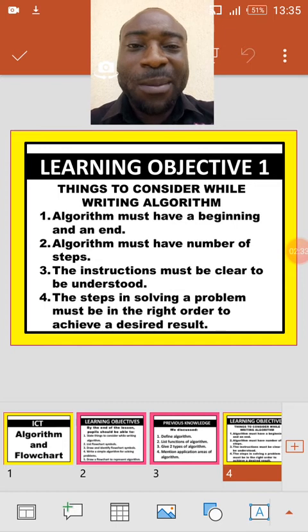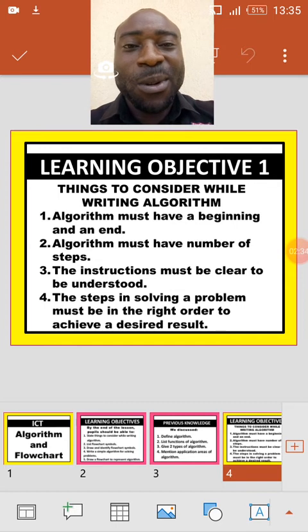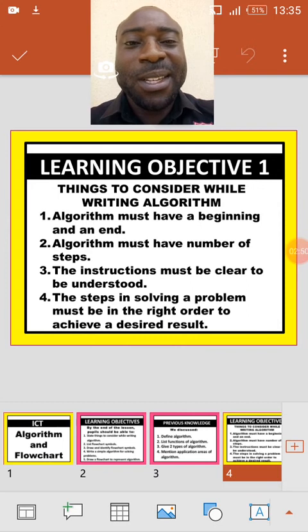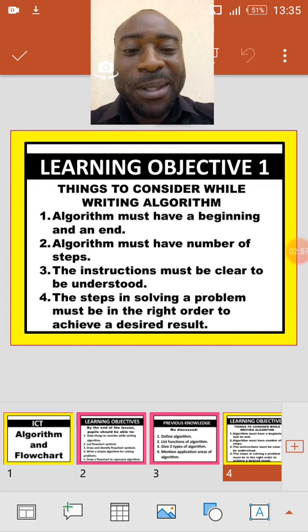That is, if another programmer or any other person wants to read or rewrite the algorithm, it must be clear. Then lastly, the steps in solving a problem must be in the right order to achieve a desired result. If the steps are not in an orderly manner, the program will not work. And that's the reason why we are using algorithm.